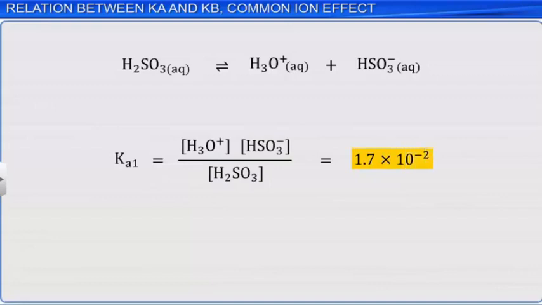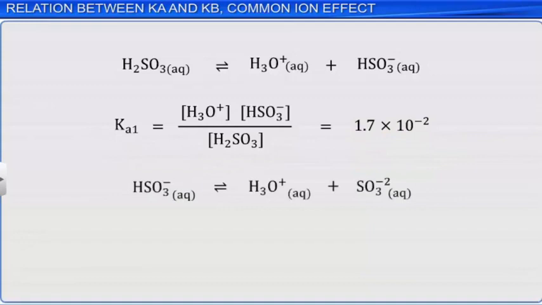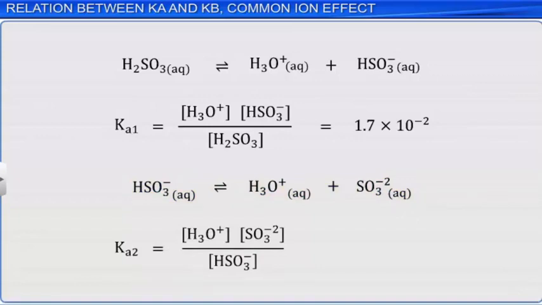Similarly, the ionization reaction of HSO3- can be represented as HSO3- (aq) in equilibrium with H3O+ and SO3^2- (aq). The second dissociation constant, represented by Ka2, is equal to the product of the concentration of H3O+ and SO3^2- divided by the concentration of HSO3-.